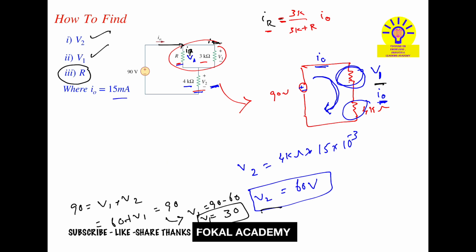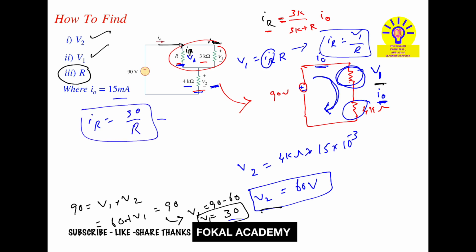In this, the voltage is V1, that is equal to IR into R. So from this we will get IR equals V1 by R. V1 we got as 30. So IR equals 30 by R. This is equation 2 and this is equation 1.